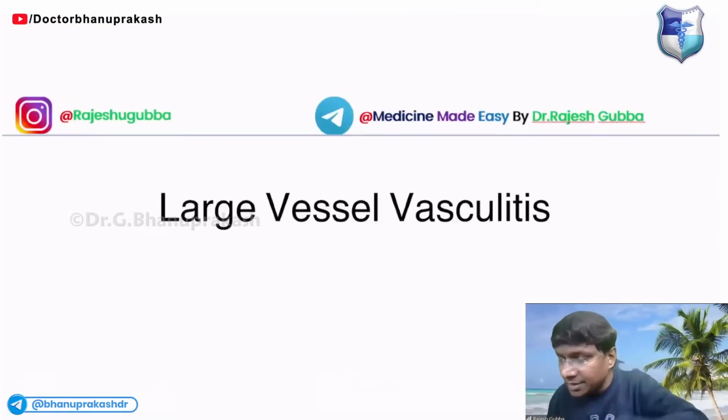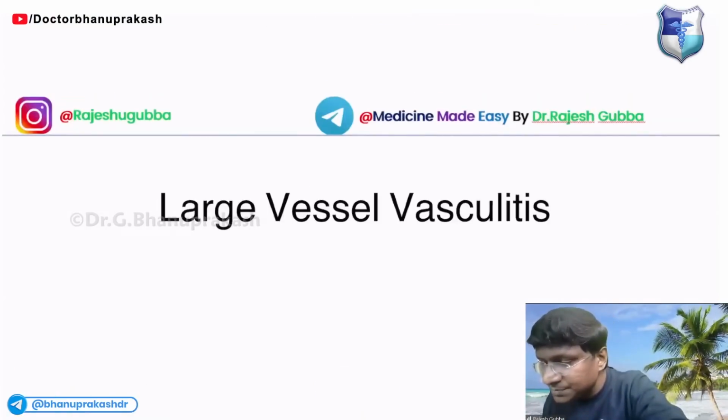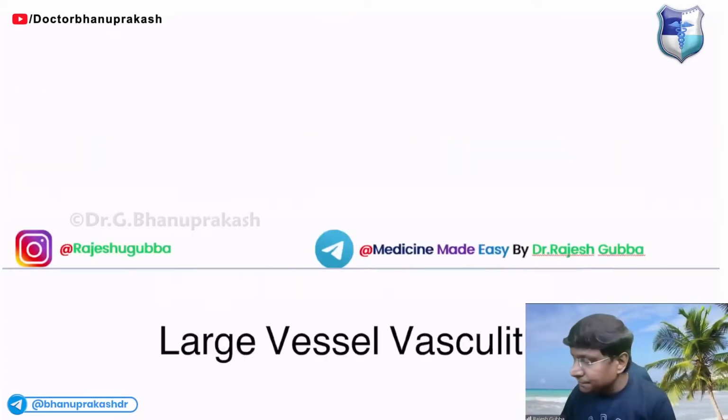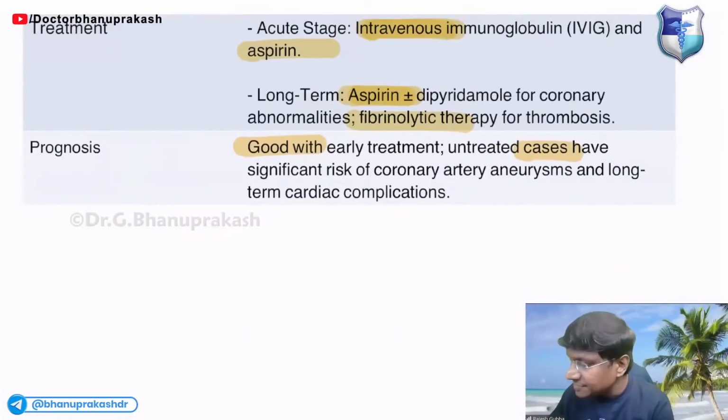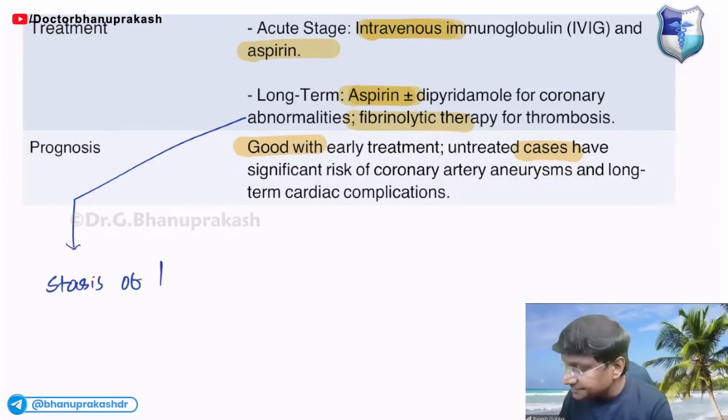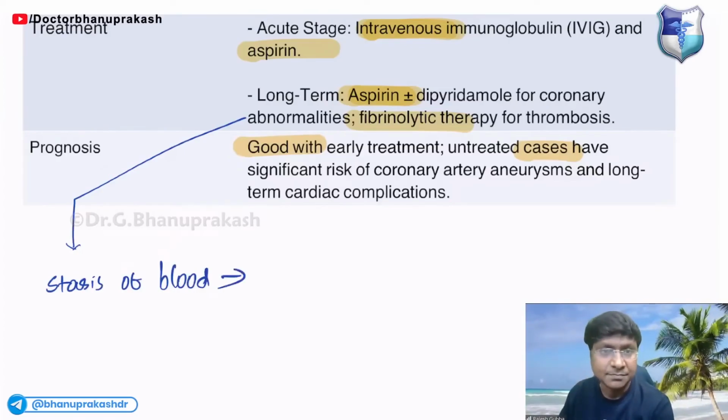Amzad asks, how can I give aspirin if the patient has aneurysmal risk for the bleed? See, in case of the aneurysm, it is not that you cannot give the aspirin. Why? Because if you don't give aspirin, what will happen? Whenever there is coronary artery aneurysm, there can be stasis of the blood, that is, slow movement of the blood.